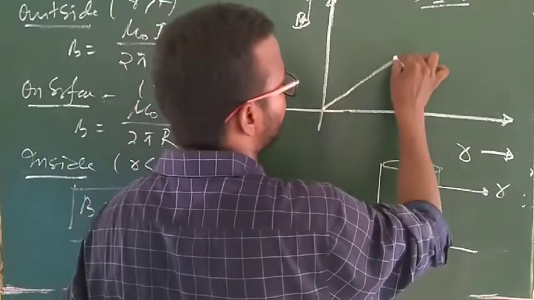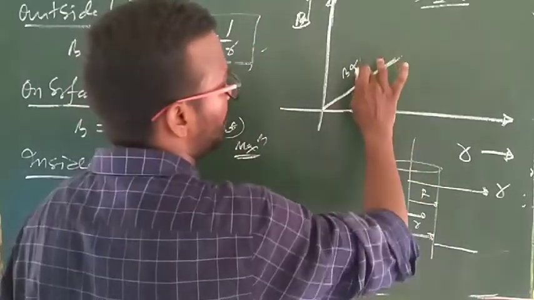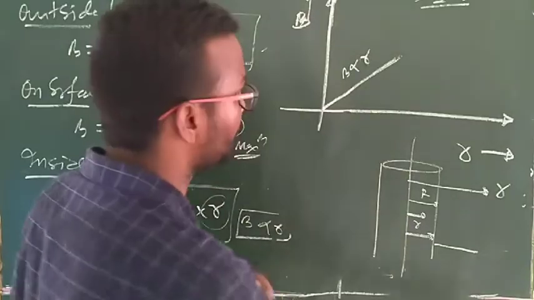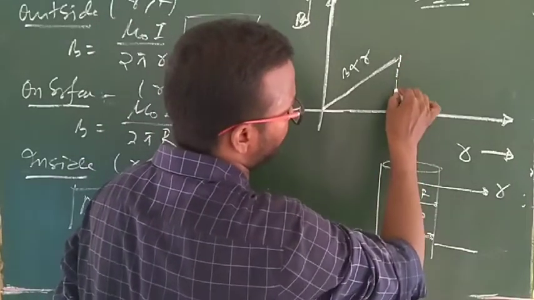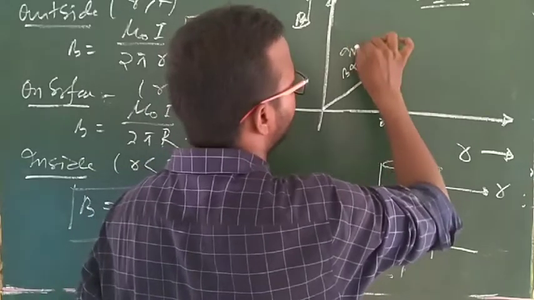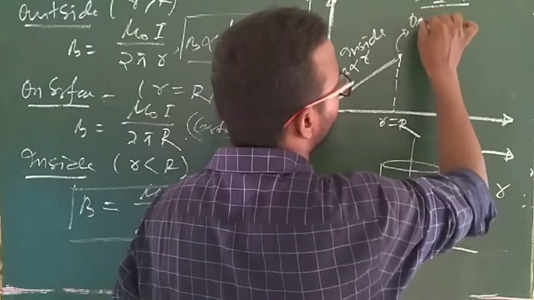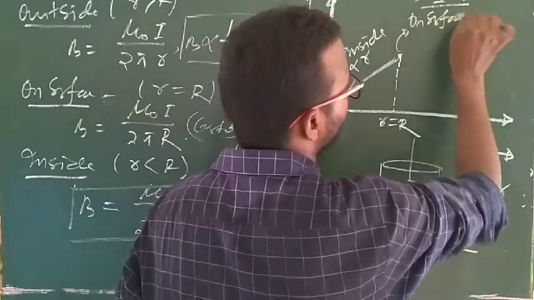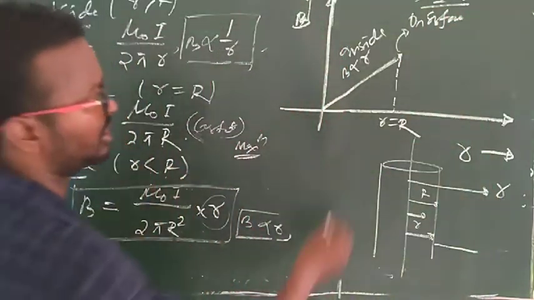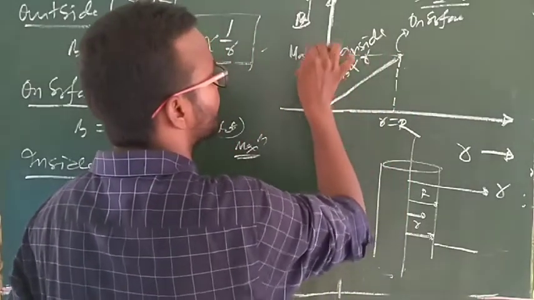So the magnetic field increases, that is B directly proportional to r, because here r, and this point, it is r equal to capital R. This is inside, and this point is known as on the surface. Clear? Because on the surface, the strength of the magnetic field is maximum.